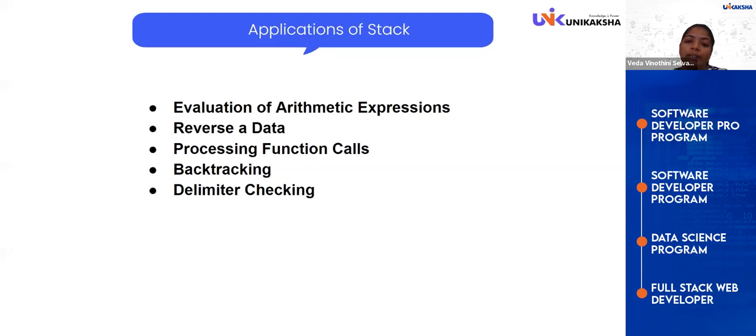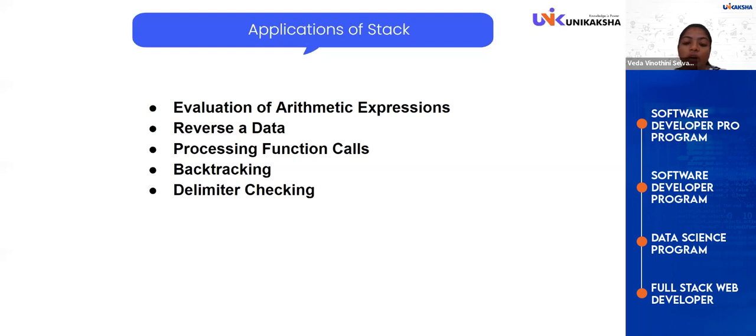For a for loop or an if statement, there will be a colon at the end. How does the compiler check that? A delimiter checking algorithm is written inside the compiler, and only then does it show an error while compiling. It will throw an error like a missing colon in a particular line. That's how the stack data structure is helpful in real-time applications.